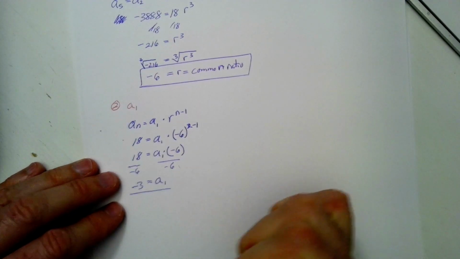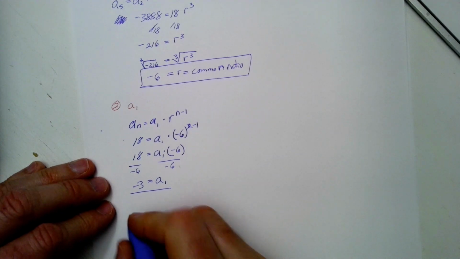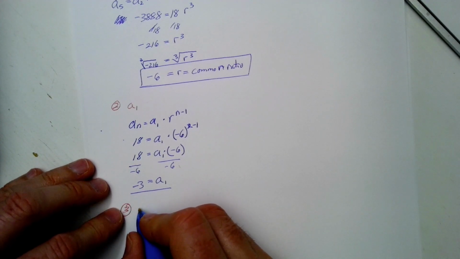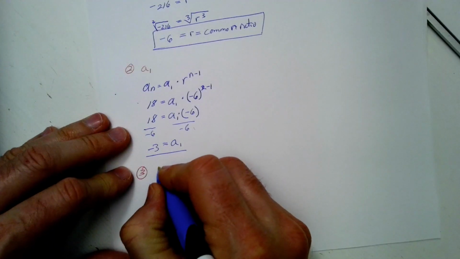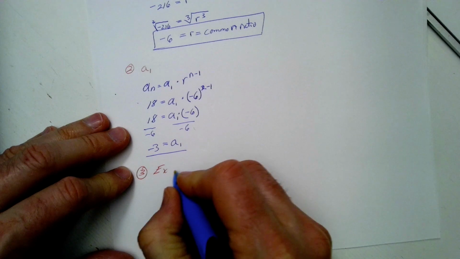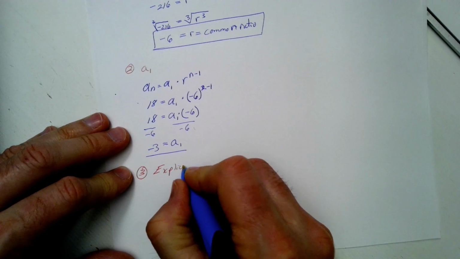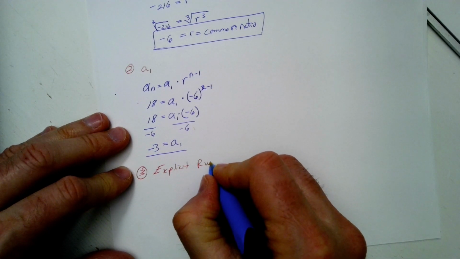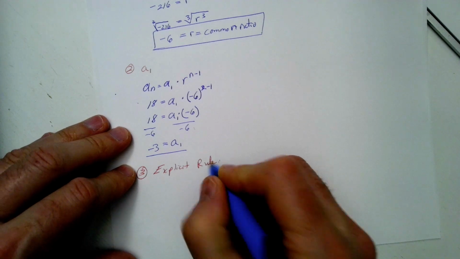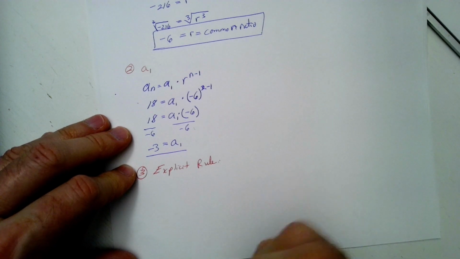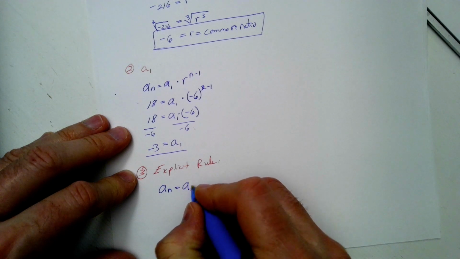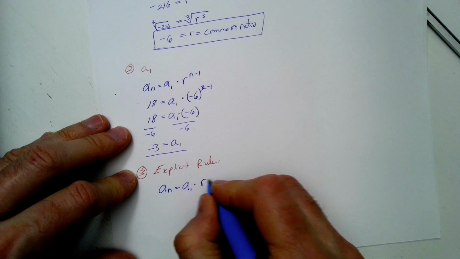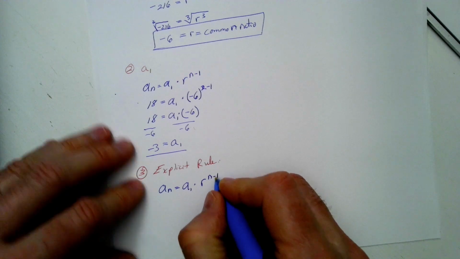Step 3, we're just going to plug and chug here, okay? Explicit rule. And that's again an equals a1 times r to the n minus 1.